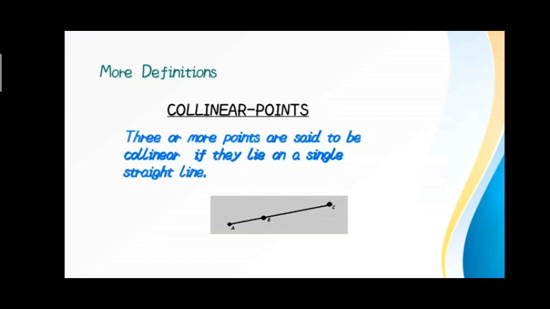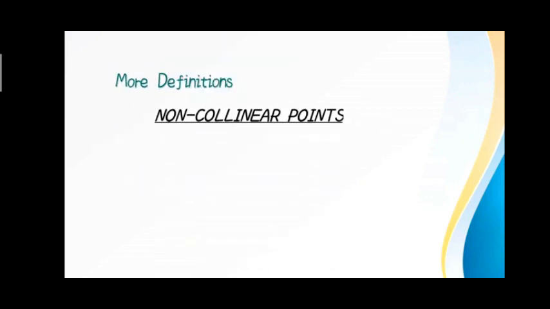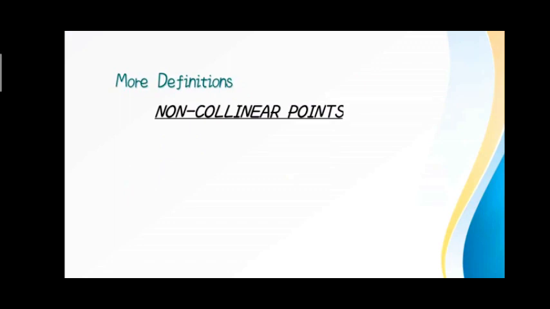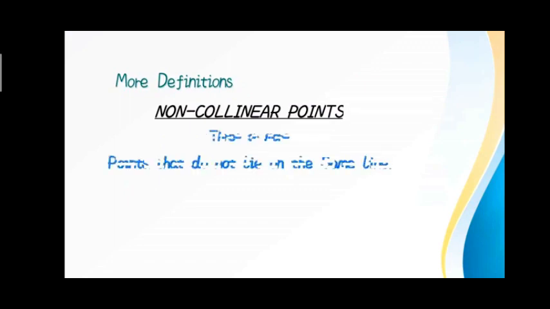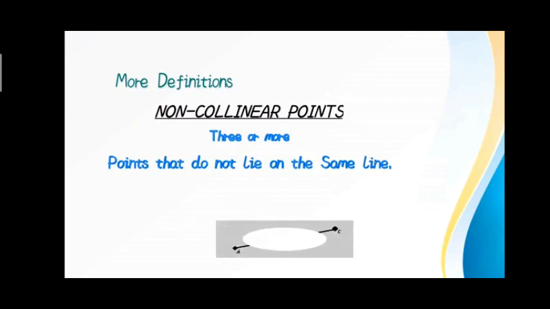So next we have non-collinear points. Now you can define this easily: when three or more points do not lie on the same line, then we call them non-collinear points. As you can see here, if we take only A, B, C, this is a collinear set. Why?